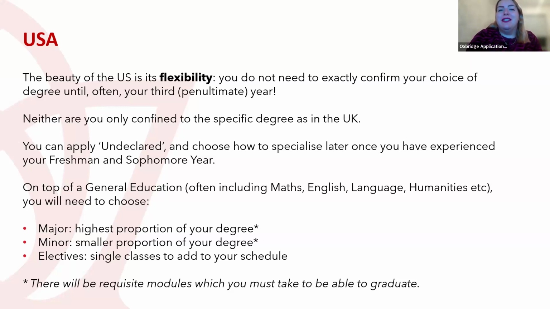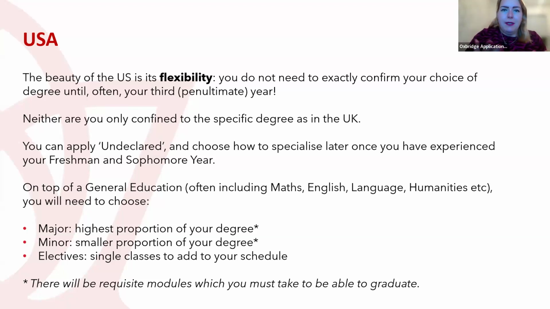To evidence the fact that universities love a general education, they, in many cases, ask students to mandatorily study certain classes of math, English, some languages, humanities, and in some cases, like MIT and Columbia, even complete a swimming test. So there really is an expectation of not only focusing on your specific subject that you want to specialize in, but appreciating and loving exploring lots of different subjects around that too.